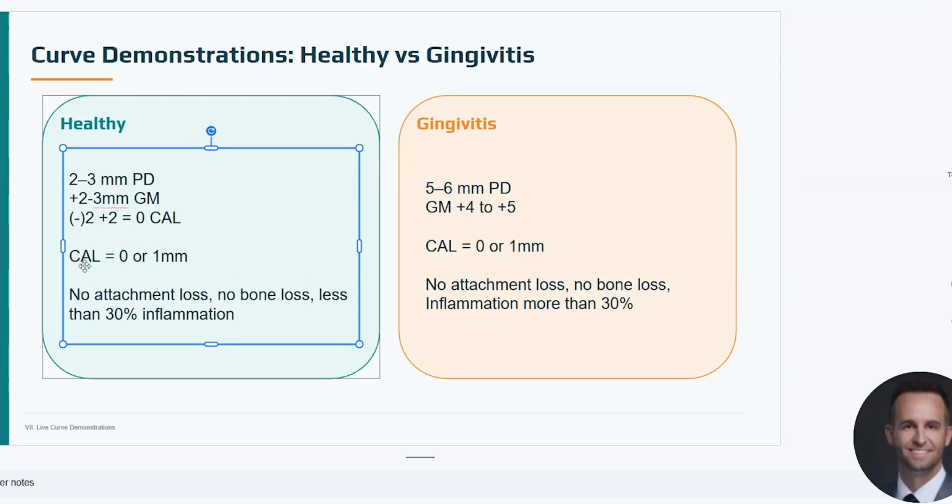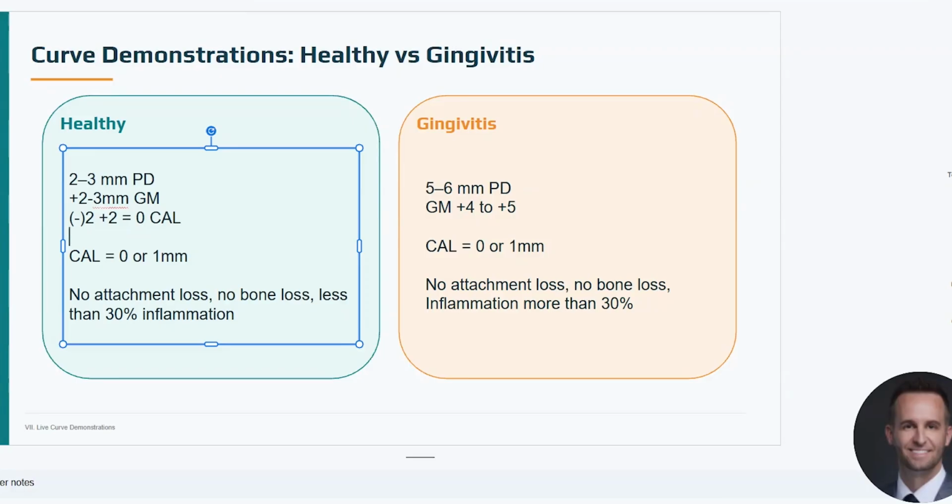So ideally, if we have an 18-year-old kid come in, they've got healthy gums, not really any inflammation. Ideally, what we should be seeing is this scenario where we've got 2 to 3 everywhere and 2 to 3 of gingival margin overgrowth to give us 0s everywhere. No attachment loss, no bone loss on the x-rays, and less than 30% of inflammation.